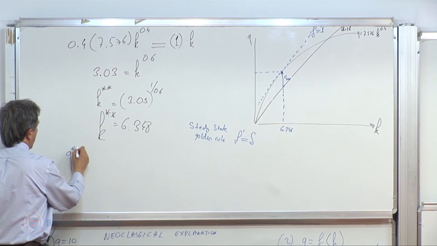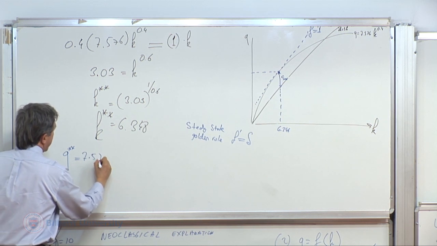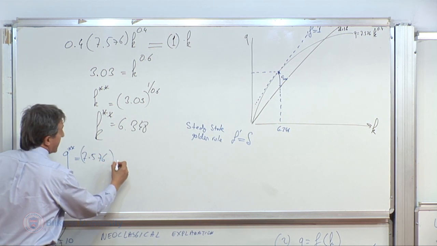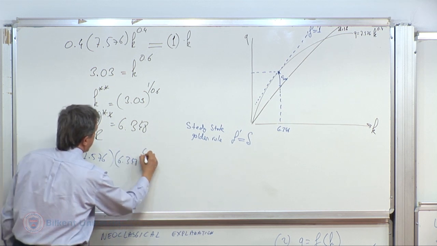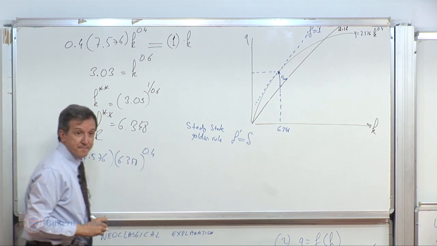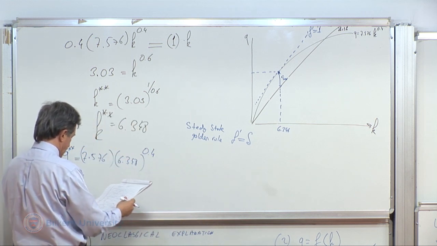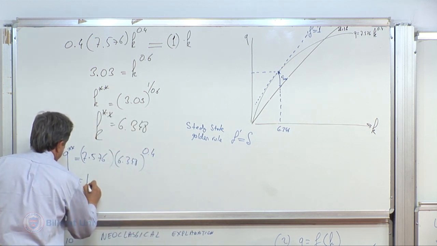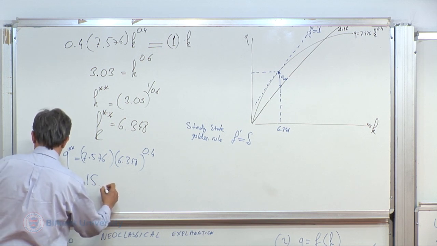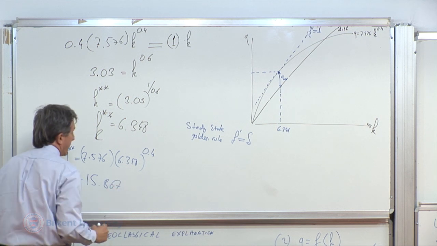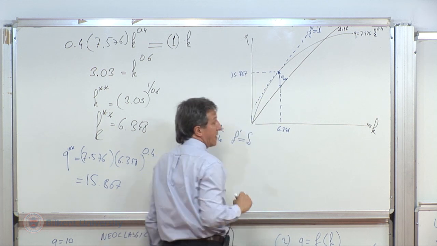We look for the optimal output level, which is 7.576 times 6.348 to the power alpha 0.4. And that number turns out to be 15.867. This is how much this economy is producing under the steady state.